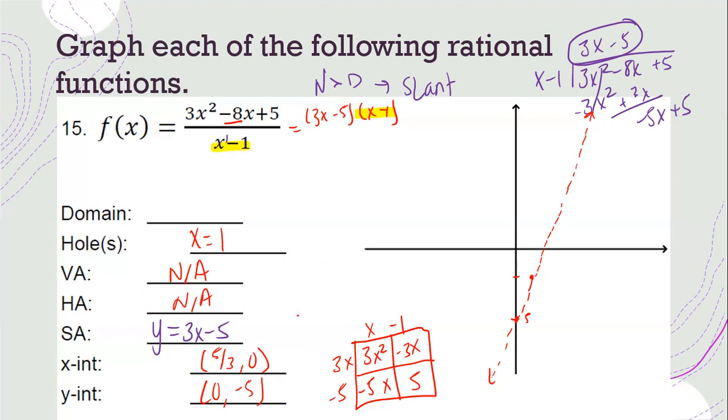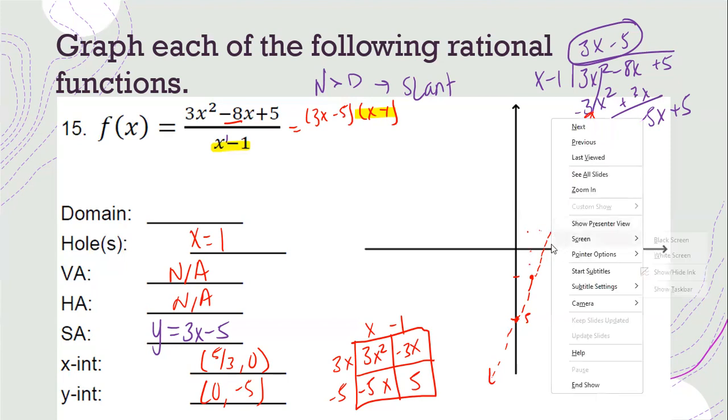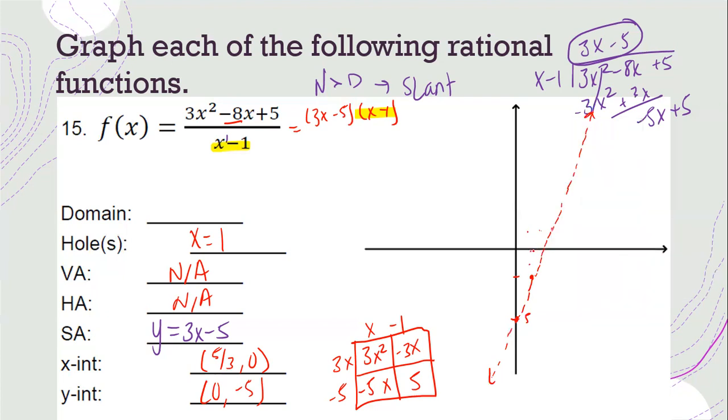All right, I know that I need to go to 5/3, 0. So I need to go through 1 1/3. So roughly here, I go up 1, 2, 3, and over 1. I didn't go over enough. 1 1/3 is somewhere in here. I went over too much. I did my best with what I could.